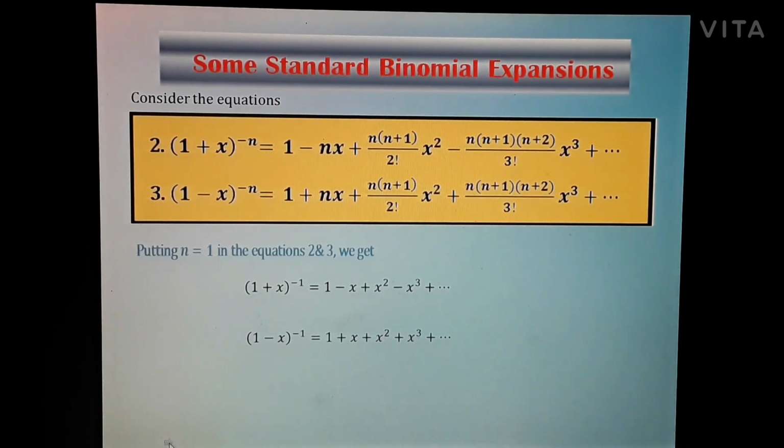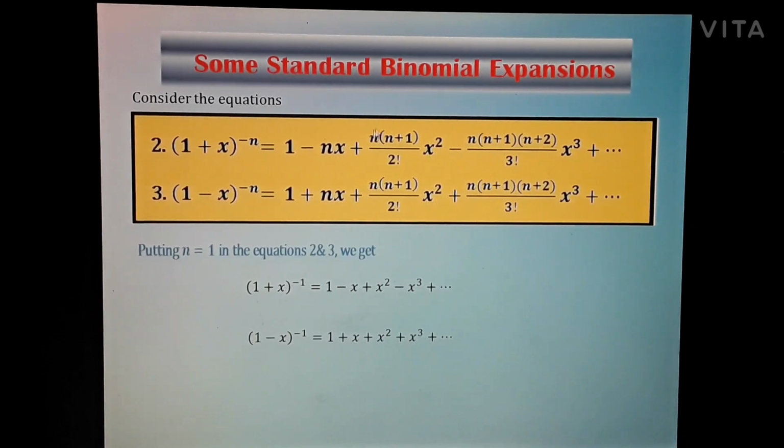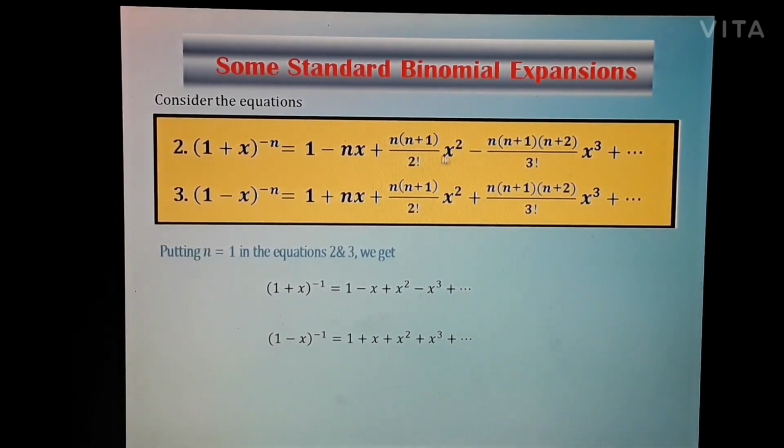Consider the equations 2 and 3. Now we are going to put n is equal to 1, 2, 3, 4, etc. to these equations. So initially consider n is equal to 1. So 1 plus x the whole power minus 1 is equal to 1 minus 1 into x, that is minus x, plus 1 into 1 plus 1 by 2 factorial into x square.